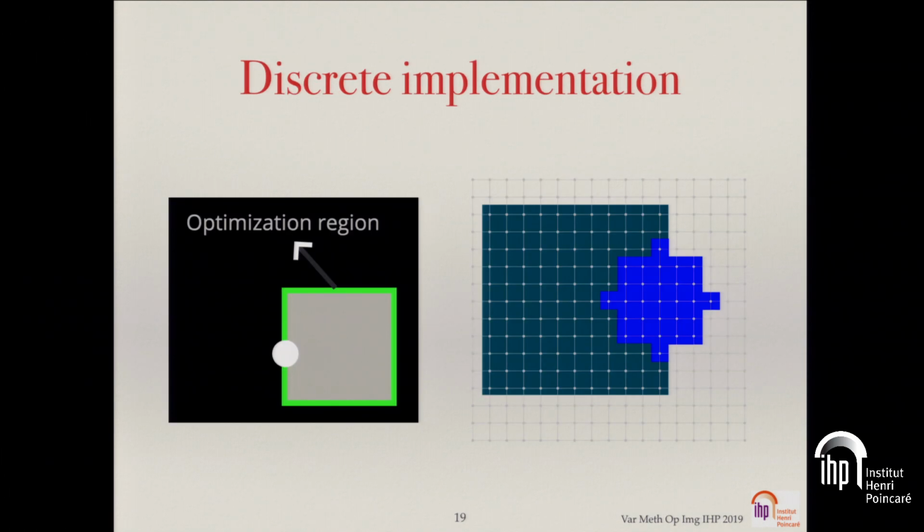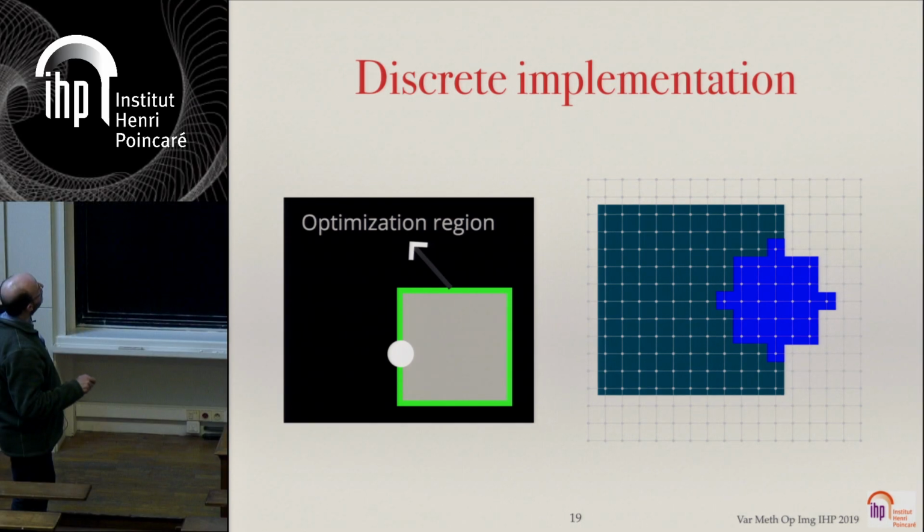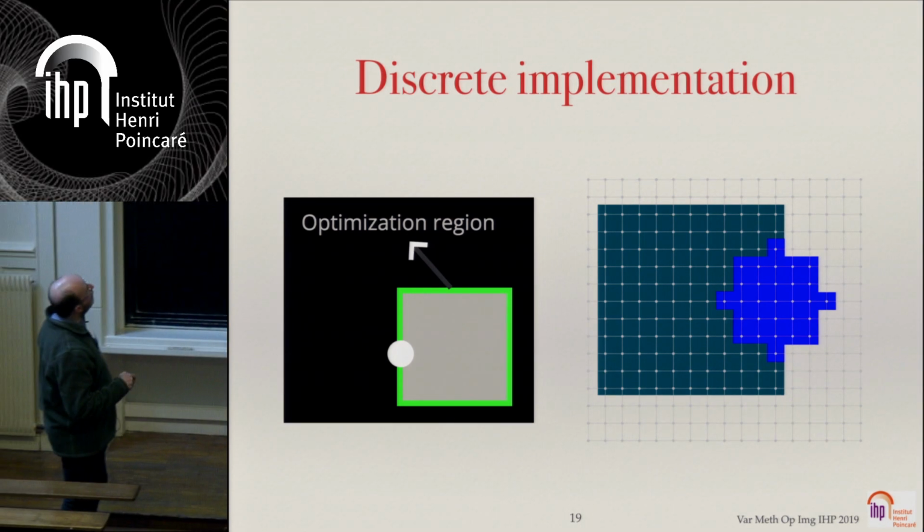Okay, so now I will describe the discrete implementation because actually it's more useful. The computations are sometimes a bit onerous, so we only compute near the border, which makes sense, of course. That's the disk here. Here is the discrete rendering of it.